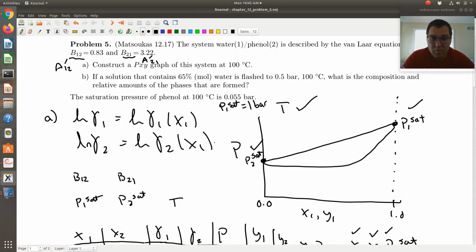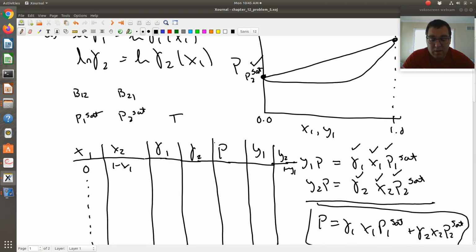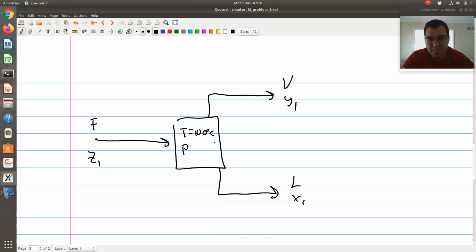It's all relative. So Z is 0.65, and P is 0.5 bars. We're asked to solve for Y, X, L, and V.